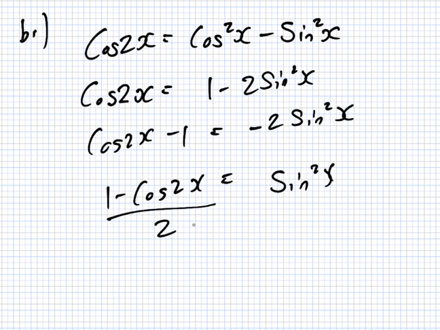We can do it in different ways, of course. So yes, you could do it in other ways too, I suppose, yeah. 1 minus sine squared plus sine squared. I mean, it's only 2 marks.